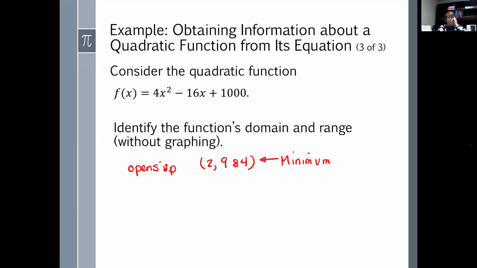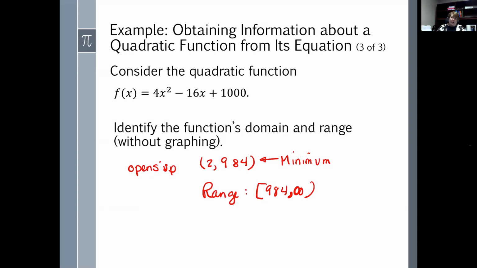Since it's a minimum point, I know the graph of this function starts there and goes on forever in the vertical direction. So the range is from 984 to infinity. So the range starts at that minimum value and continues on forever.